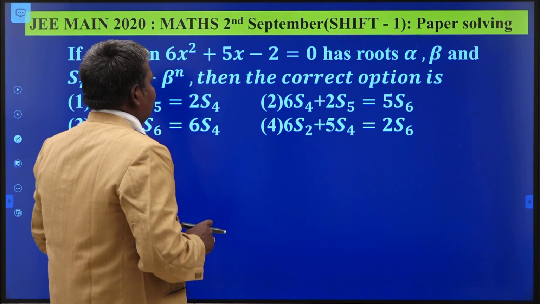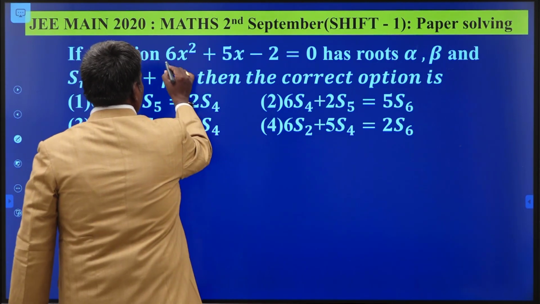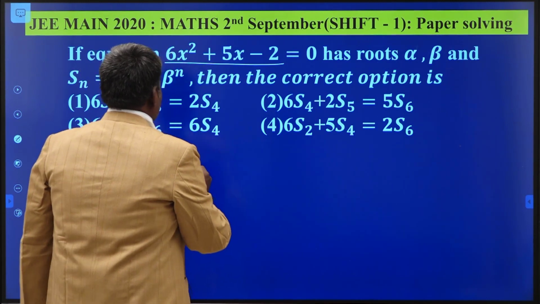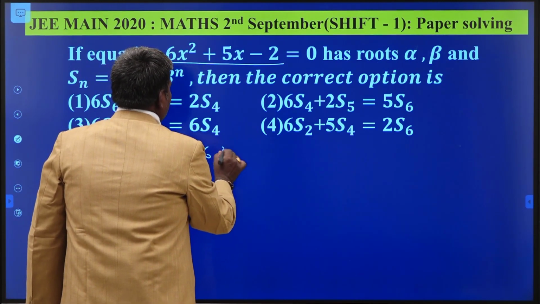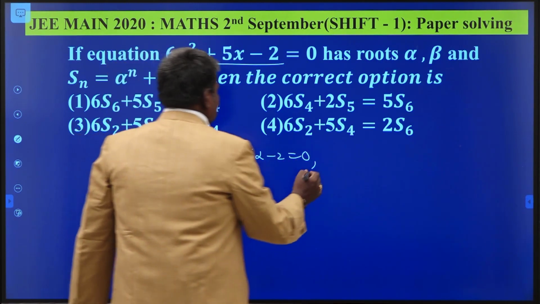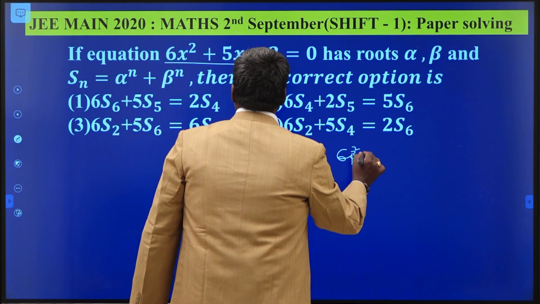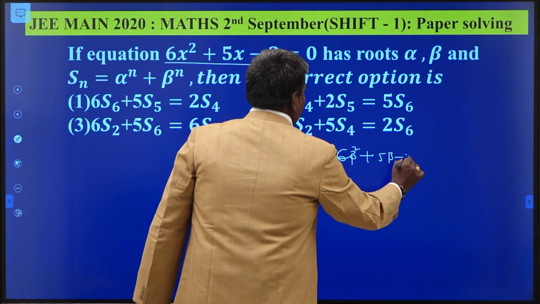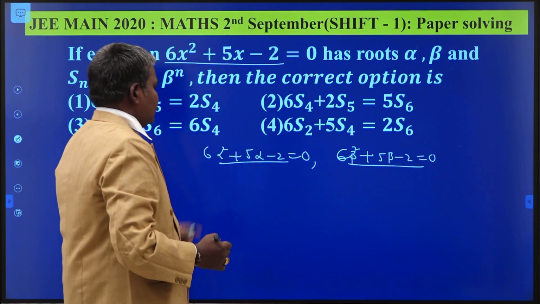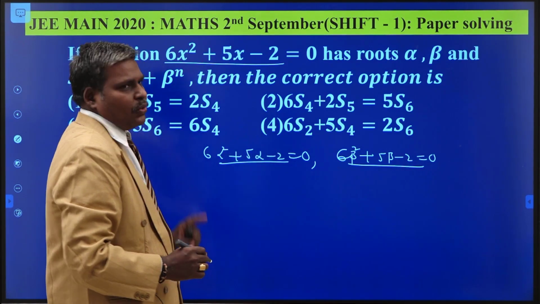So alpha and beta are the roots of this equation. So both alpha and beta satisfy this equation. We obtain 6 alpha square plus 5 alpha minus 2 equal to 0, as well as 6 beta square plus 5 beta minus 2 is also 0. These are the conditions obtained from the question itself.